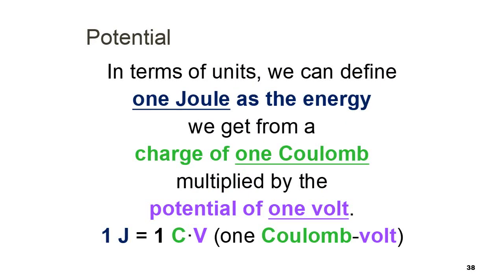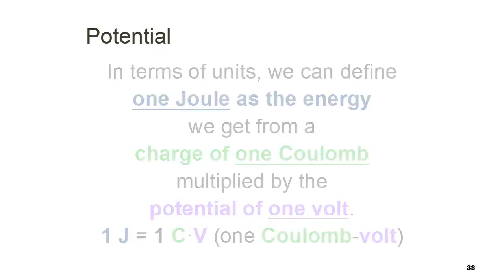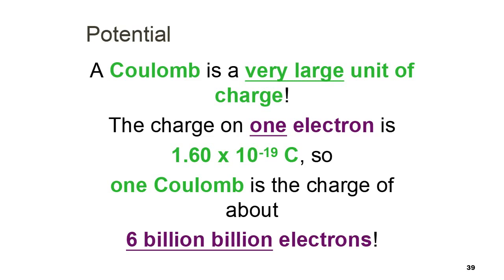In terms of units, we can define 1 joule as the energy we get from a charge of 1 coulomb multiplied by the potential of 1 volt. Note that a coulomb is a very large unit of charge.